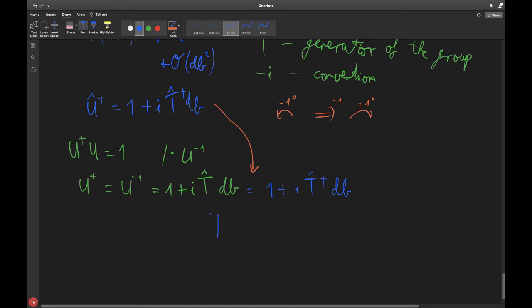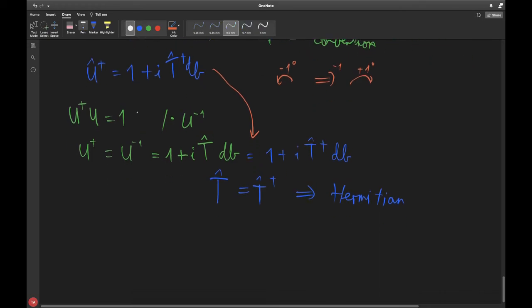So this means the T operator is the same as the T dagger operator. And so that was our definition for being a Hermitian operator. That's the same thing as what we discussed with unitarity earlier.